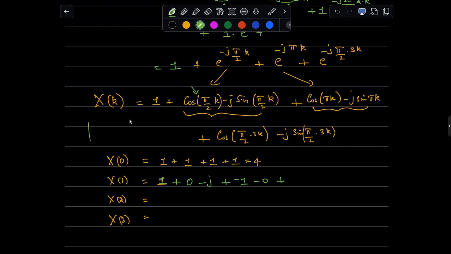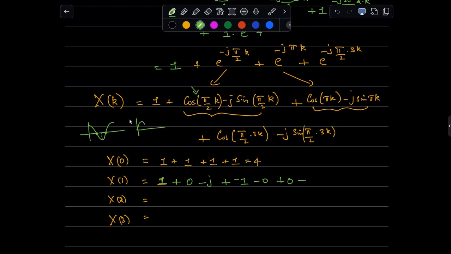What is the value? This is the cosine function. So pi by 2 here, then 2 pi by 2 and 3 pi by 2. It is 0, yes, it is 0. 4 pi by 2 is again 2 pi. So it is 0, then minus j times sine of 3 pi by 2.